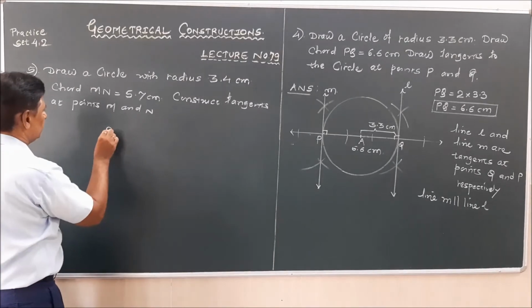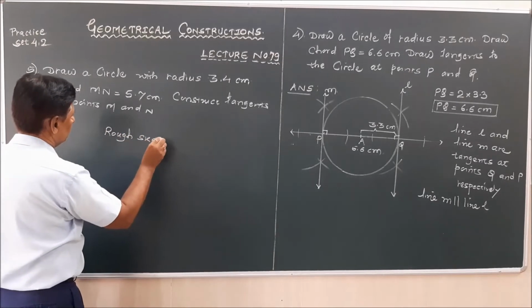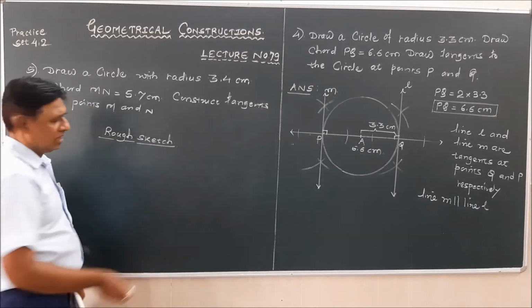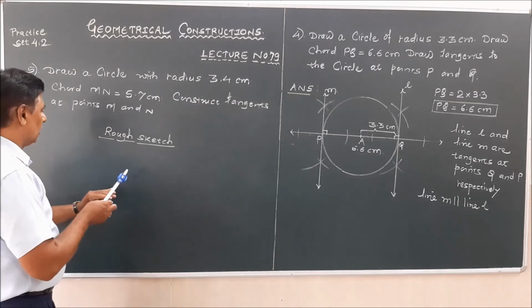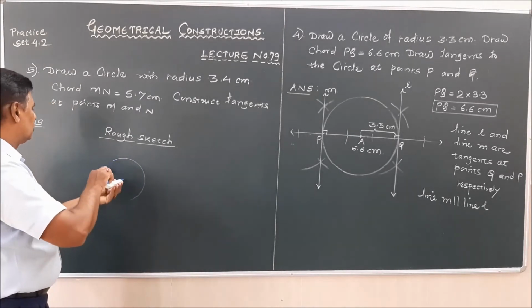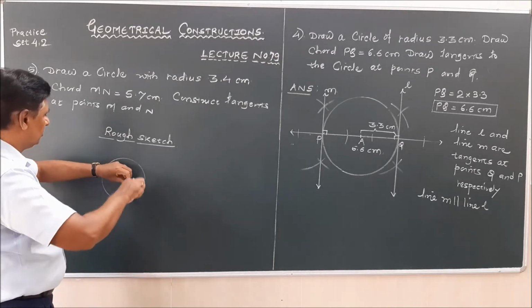Answer. Rough sketch first. Rough sketches are done without the scale, so naturally I am not measuring at all. So first, draw a circle.